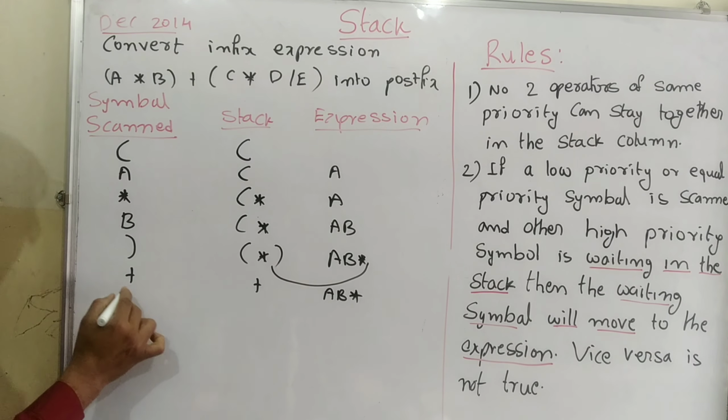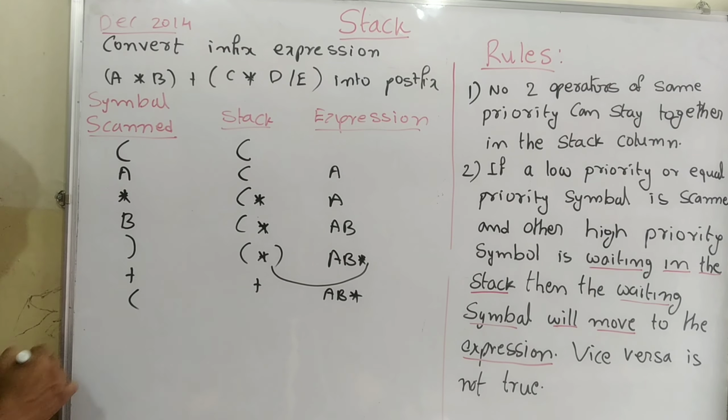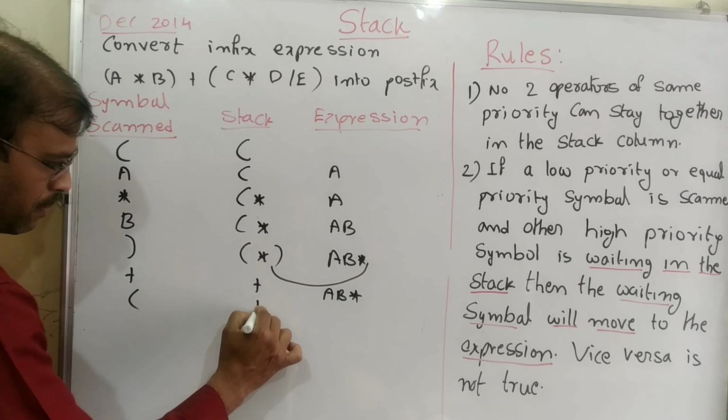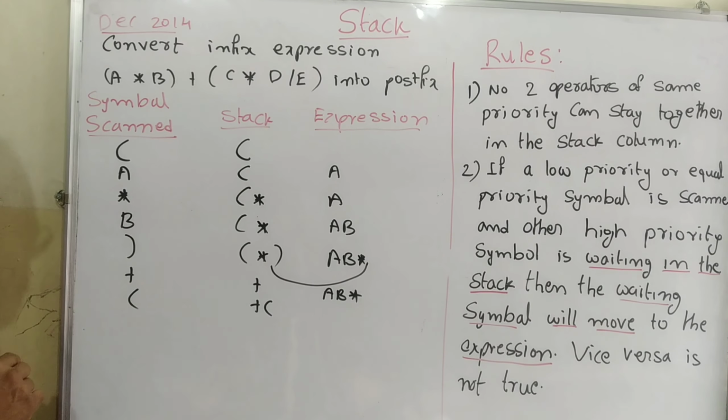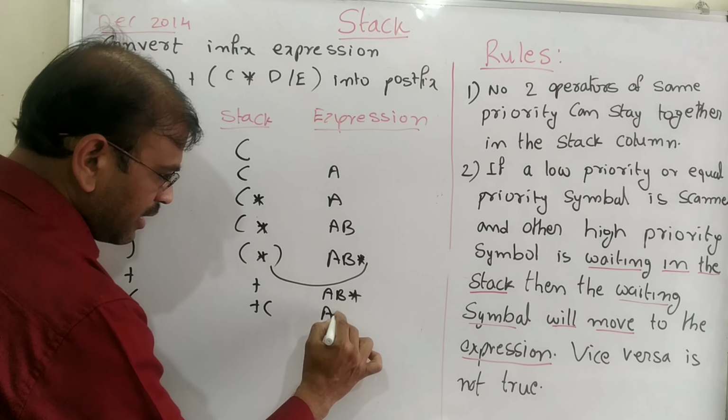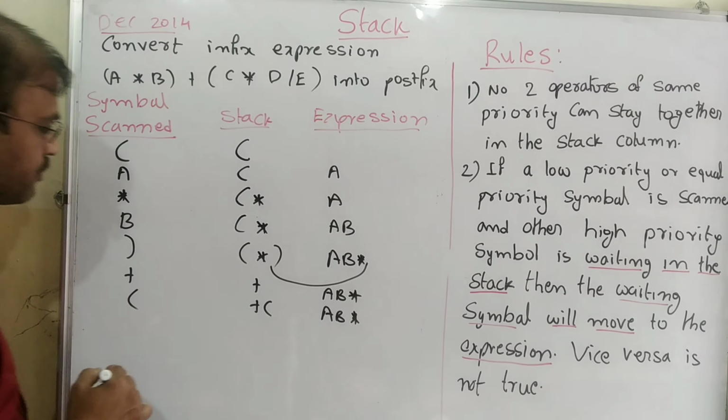Next is what? Opening bracket. This bracket I should write next to the plus, not before the plus, because the plus has come first and the bracket is next. So I will write AB star.